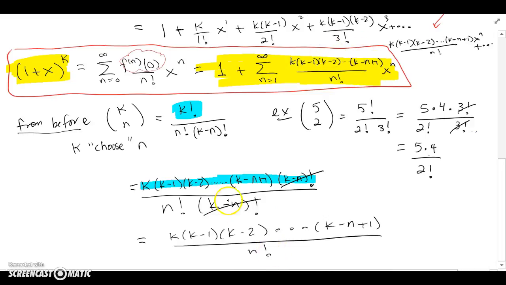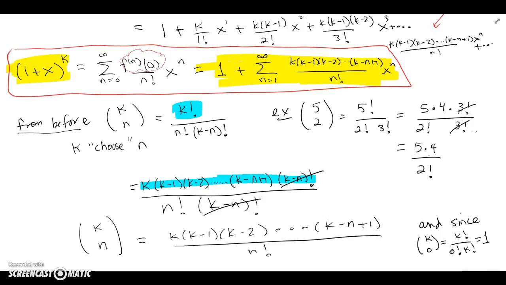So this is really a notation, binomial coefficients is what they're called, k choose n. So n will be my counter, 0, 1, 2, 3, 4, and so on. And since, by this definition, k choose 0 will be k factorial over 0 factorial times k factorial, it'll be 1, this new notation will actually help me pick up the 1 also. So I can rewrite this guy with these being represented as this coefficient.